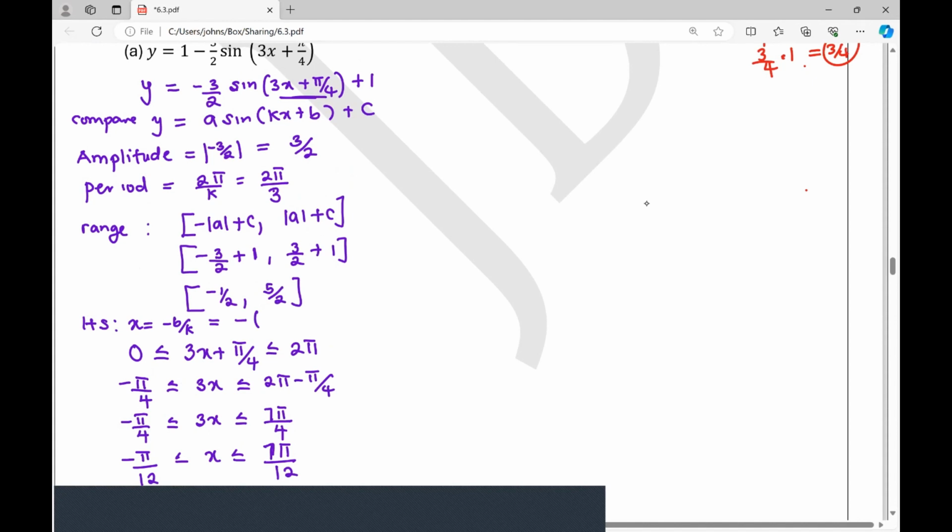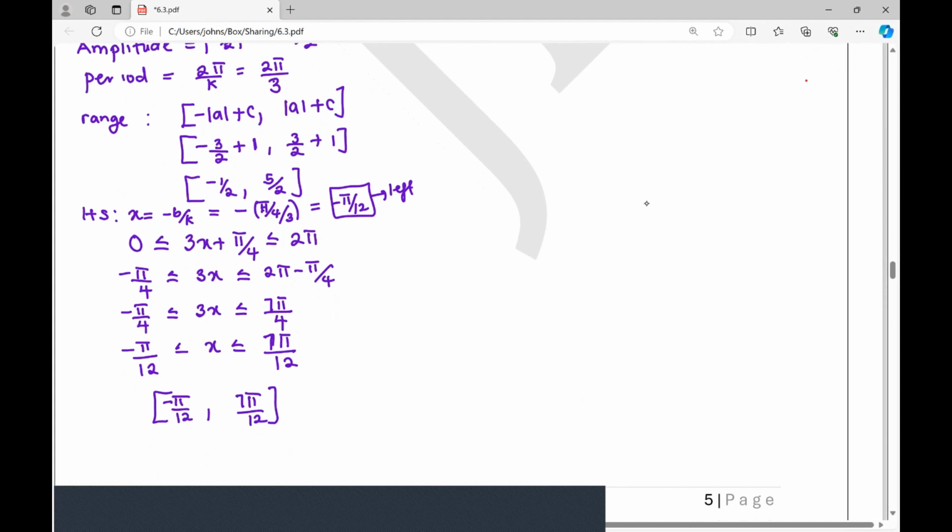What is our b here? Our b is minus pi over 4. So you have, not minus, you have pi over 4, then divide by 3, which is k. And this is going to be minus pi over 12. So you are shifting it to the left. The whole graph is shifted to the left. All right. So it means that we're going to be dealing with these points here.